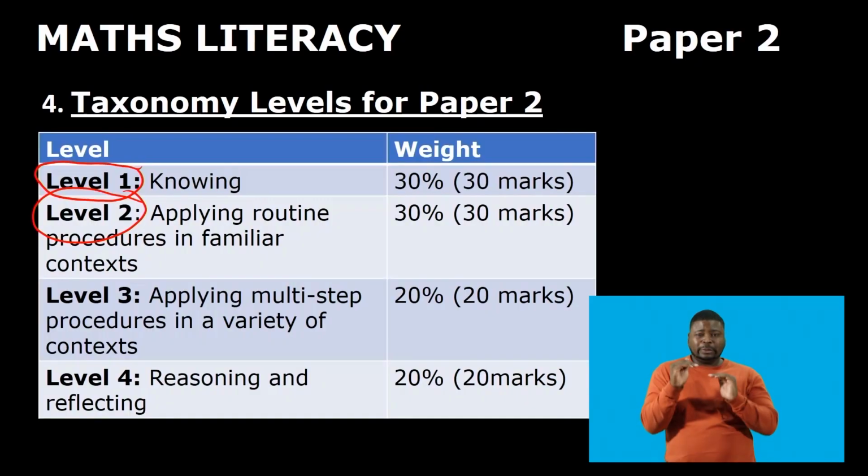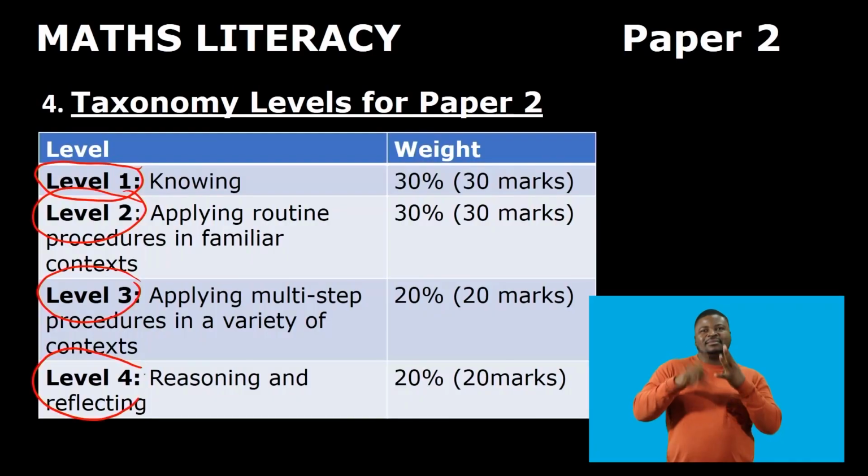Then level 2 will be applying routine procedures in familiar contexts. That will be like your conversions and stuff like that. And then when we go to level 3, it will be multi-step questions. So you will need to do more than one calculation to get to your answer. And then the nice ones, level 4, that is where you get to reason and reflect on what you've done.